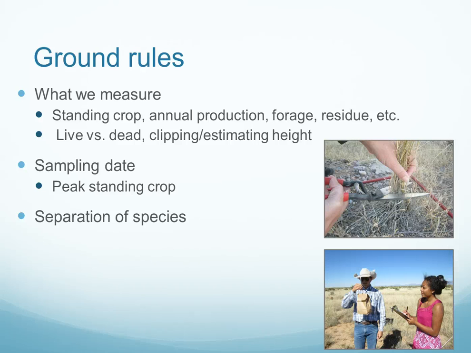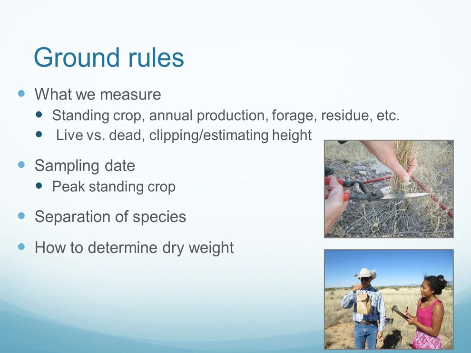So for example, if you're doing a forage inventory, and depending on the scale of the inventory or the amount of detail that you're getting, you may lump species together that are similar in terms of their overall forage value, or by different functional groups.